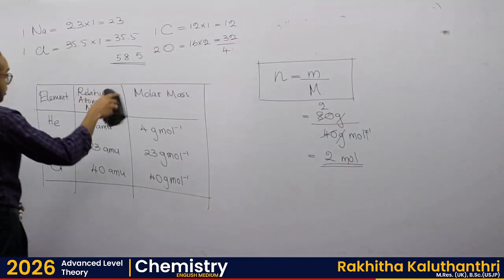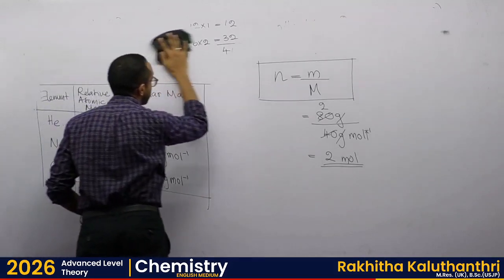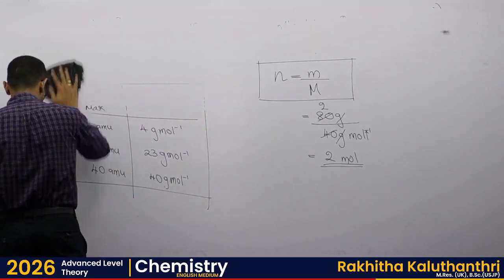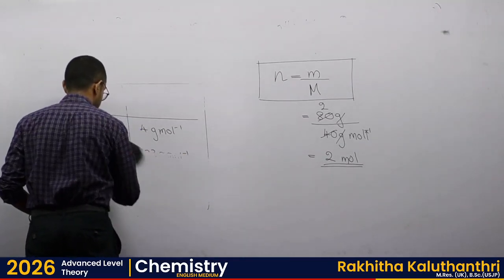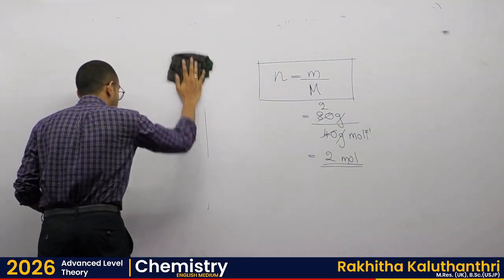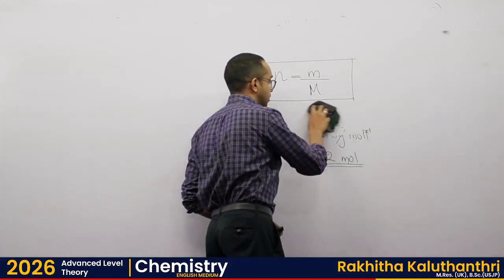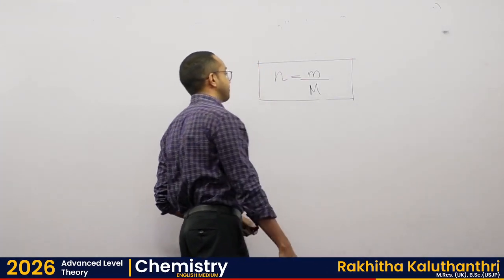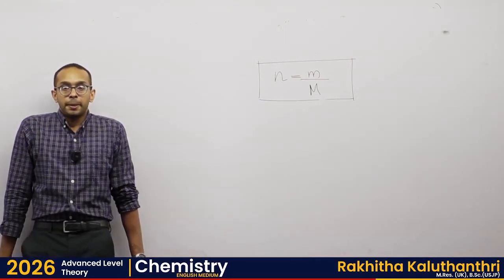Highlight in the sense, draw a box around it, because it is important. I'll give you only 2 examples and I'll finish the class here. I will not give you questions on this today. Okay.